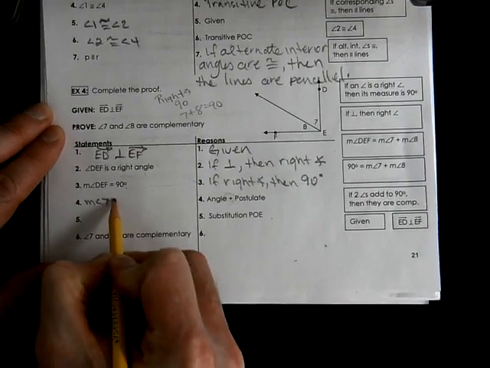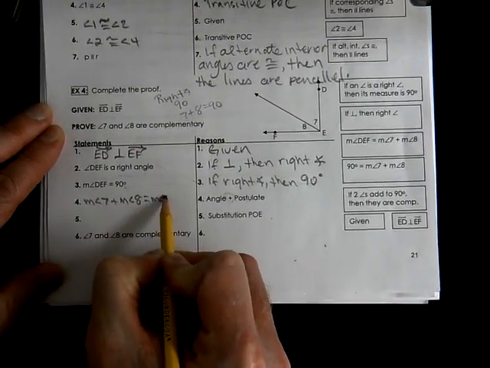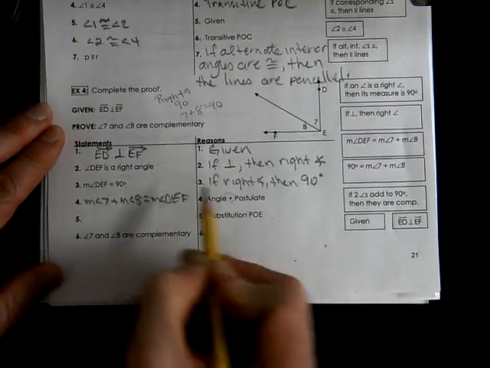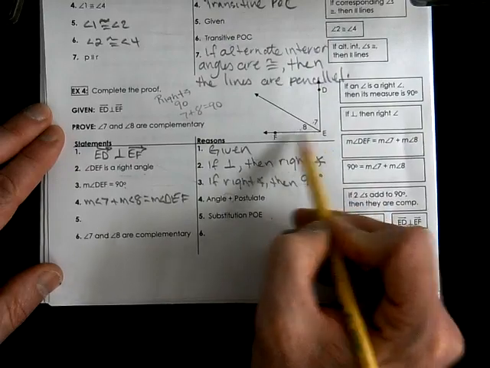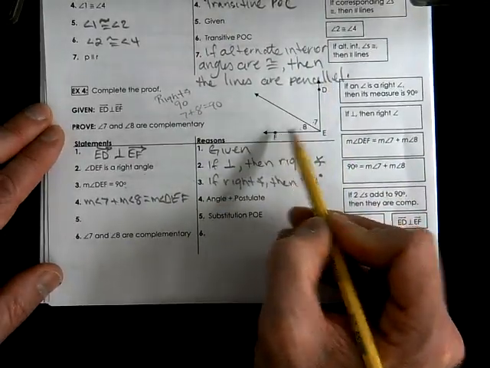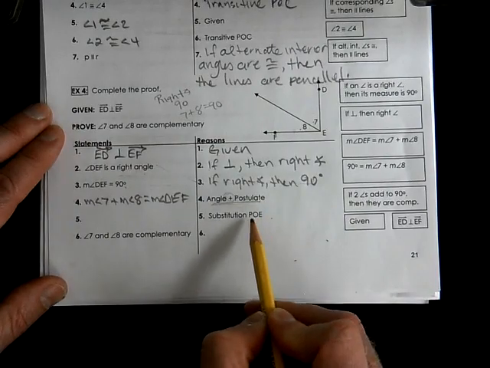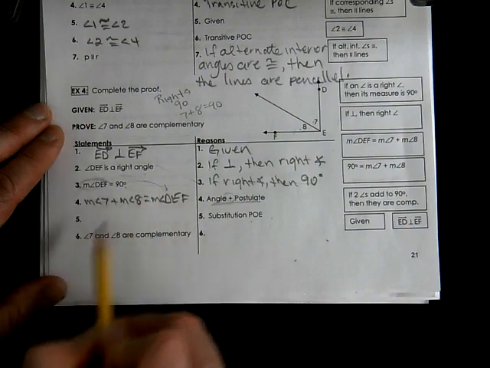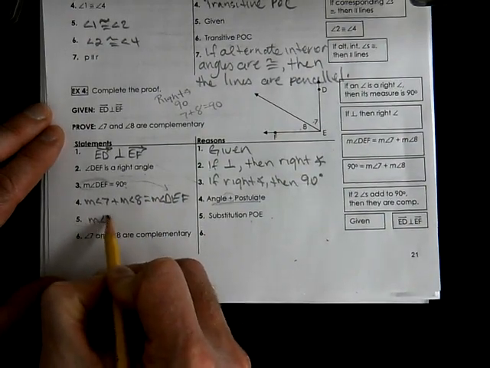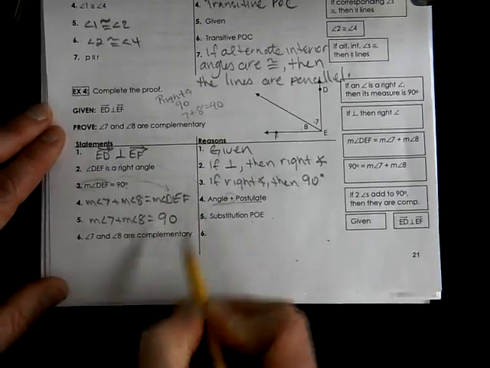So the measure of angle 7 plus the measure of angle 8 equals the measure of angle DEF. Small angle plus small angle equals big angle. That is angle addition postulate. The substitution part is because DEF is 90 degrees. A lot of people like to skip that, and they like to go right to the 90.